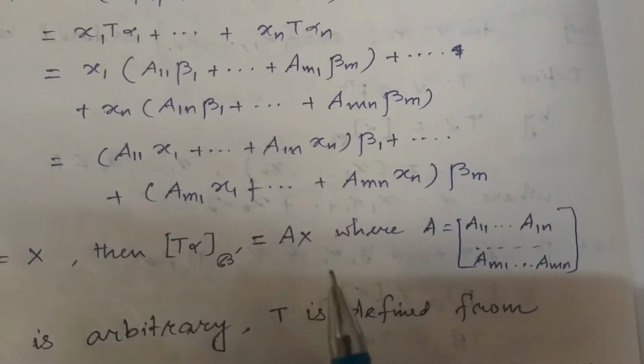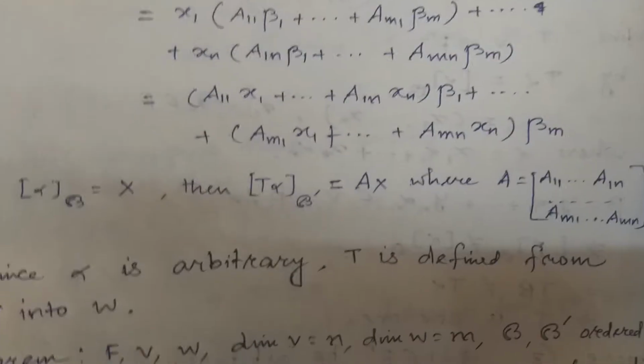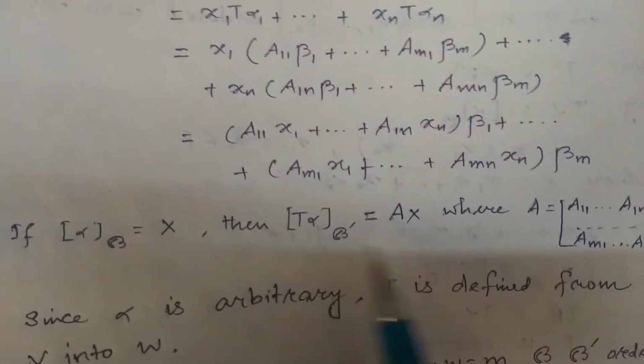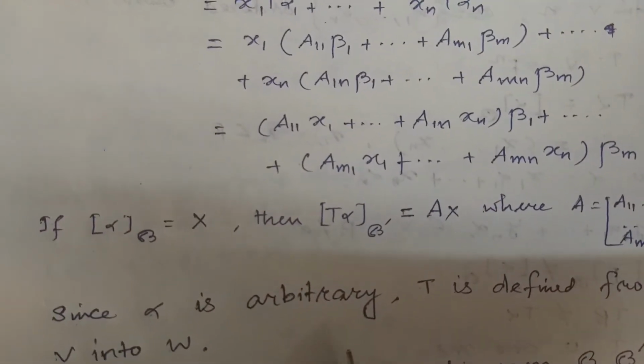Similarly we get the last coordinate, so its coordinate will be AX. Now alpha is taken arbitrarily in V, therefore T is defined in this way. T alpha equals this; it is the definition of the linear transformation.